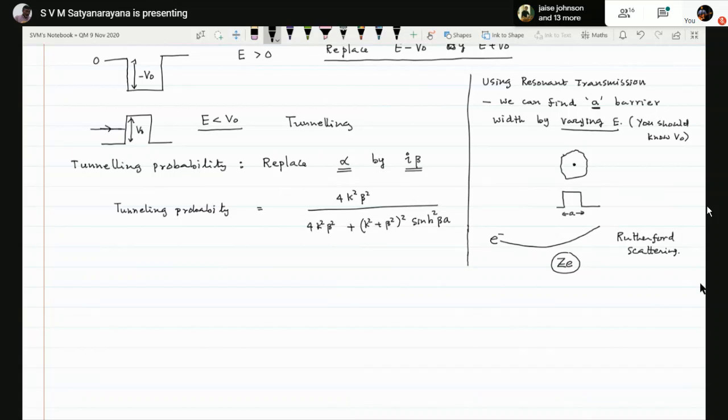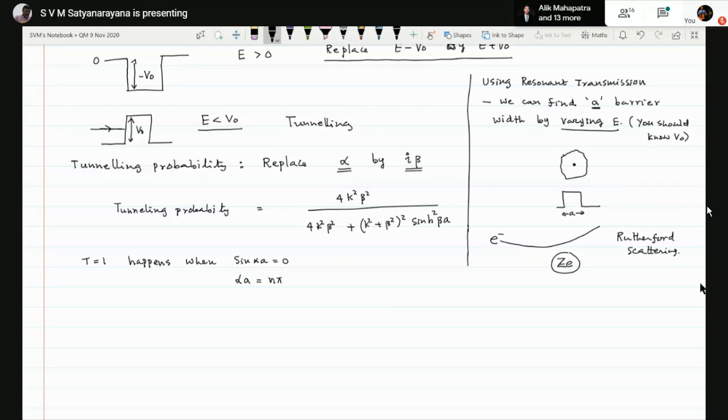But to understand why this happens, let's examine this. T is equal to 1 happens when your sine alpha a is equal to 0, correct? That means your alpha a is equal to n times pi.